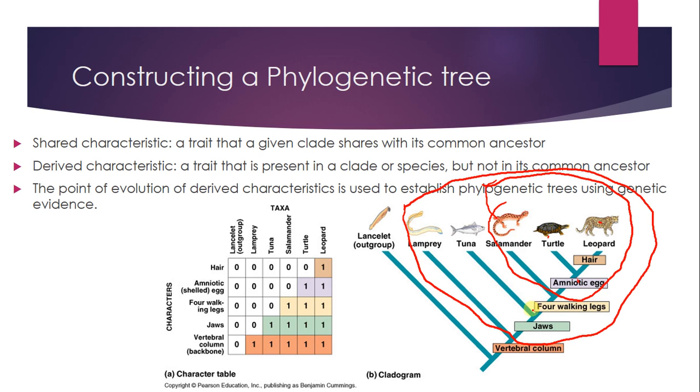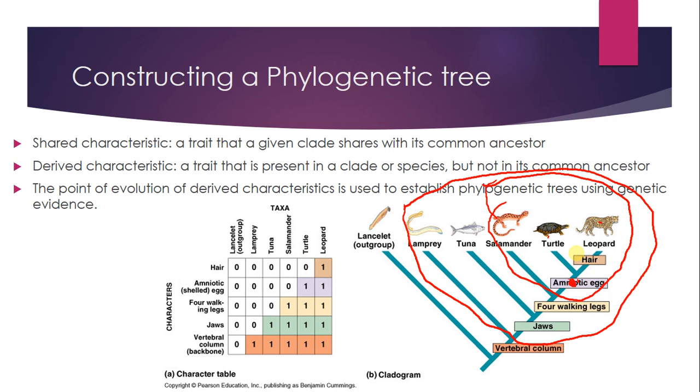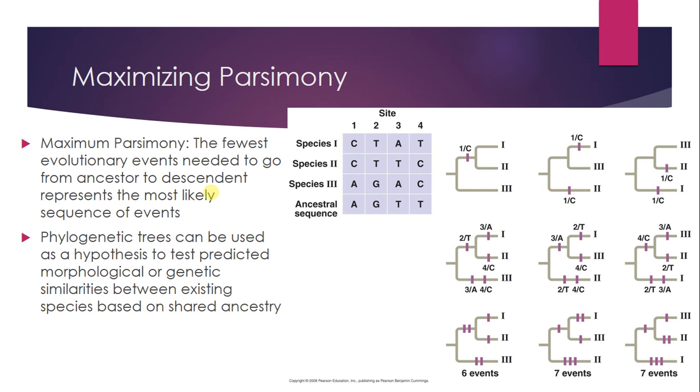Each branch point in a cladogram or a phylogenetic tree will occur after a derived characteristic has arisen. And those organisms included in the cladogram after that point have that derived characteristic, evolutionarily speaking. So you might have noticed from this slide there's multiple ways, using this diagram, that we can construct a cladogram or a phylogenetic tree.